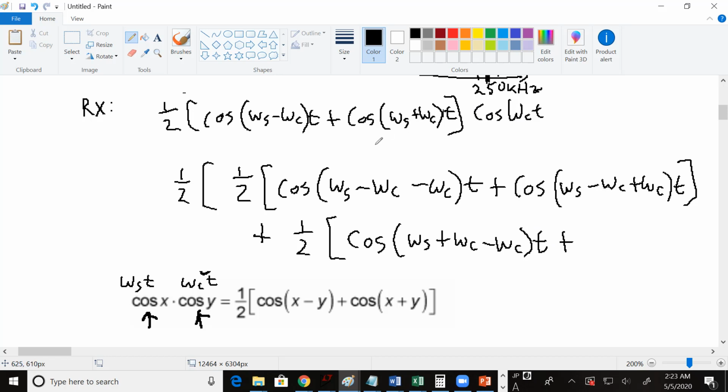You just did the difference term, now we do the summing term, and you have cosine of omega s plus omega c, and since this is the summing term, now you have another omega c. Close that, and then close this other bracket. And so on the receive side, when you mix or put it through the modulate block, you get that.